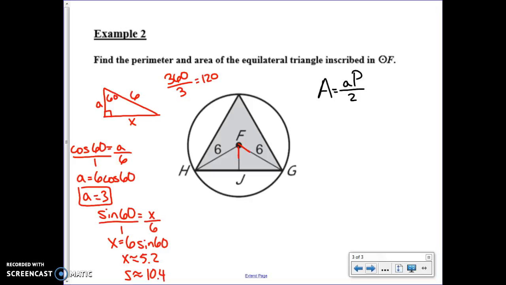Okay, so now we can find the perimeter. We have 3 sides, and one side is 10.4. So 3 times 10.4 is 31.2 units.